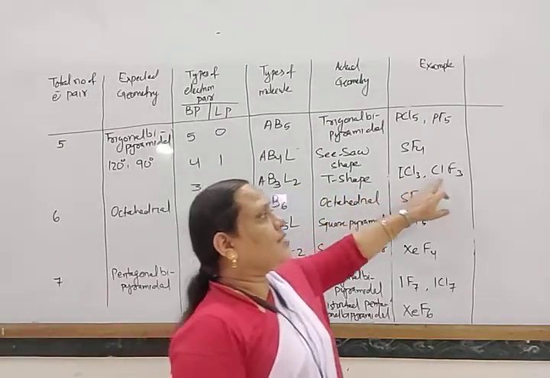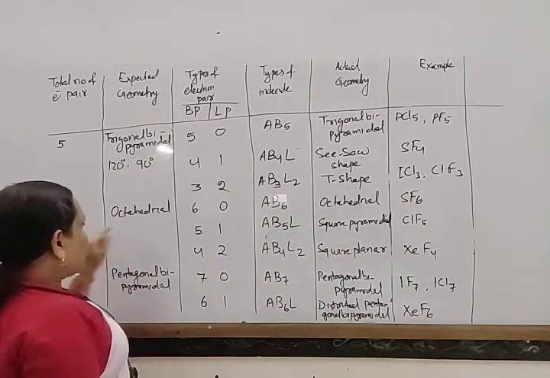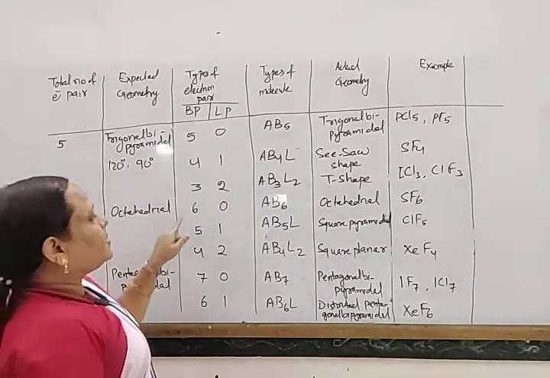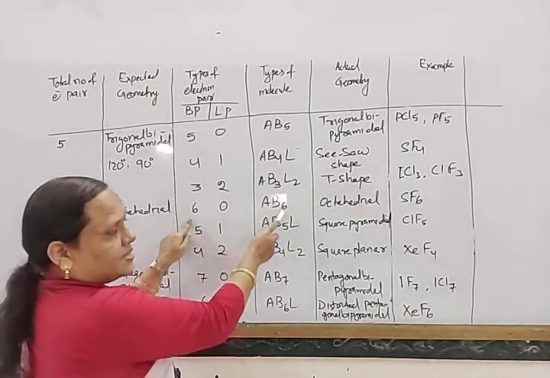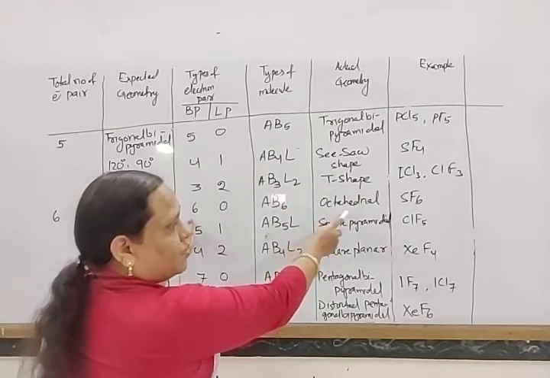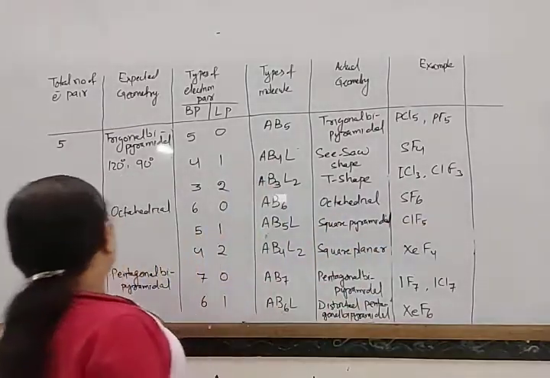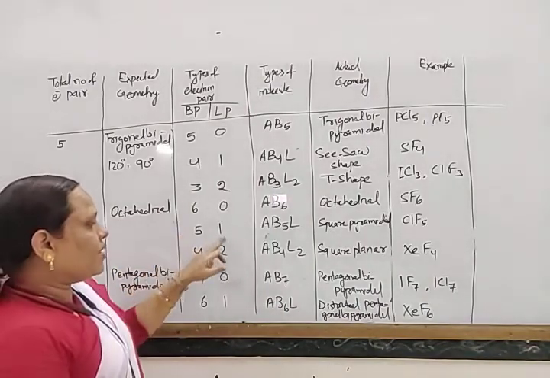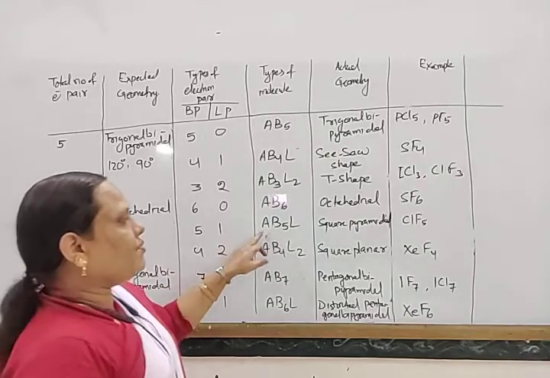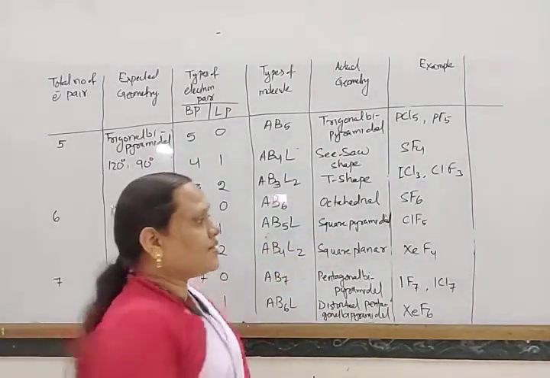Example, ICl3. Similarly, for 6, the geometry is octahedral. If all 6 are bond pairs it is known as AB6 type, and the shape is also octahedral. Example SF6. Similarly, there are other arrangements: 5-1 type and 4-2. AB5L type has square pyramidal shape.